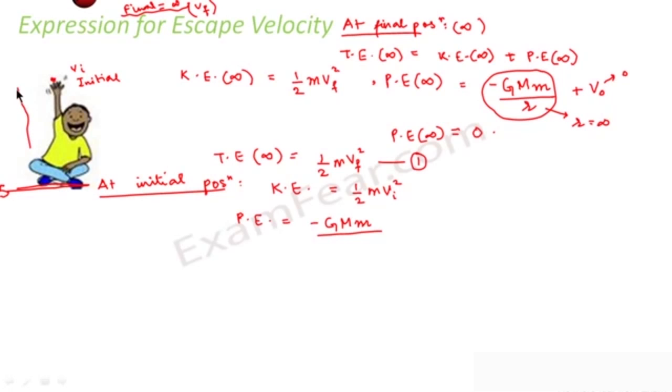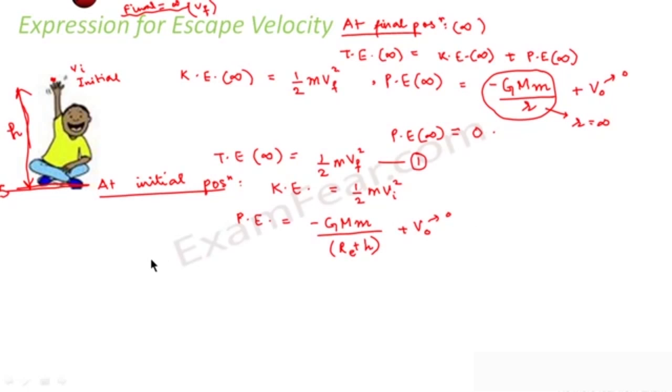So what would be this height? Let us suppose the height of the ball from the earth's surface is h. That means the distance of the ball from the center of the earth would become Re plus h, right? So this is the potential energy plus V0, which we again assume to be 0.